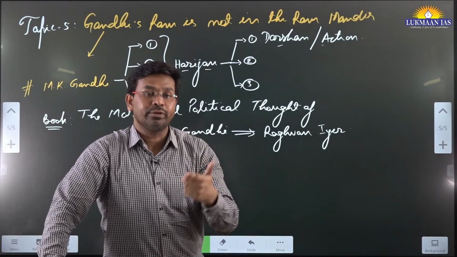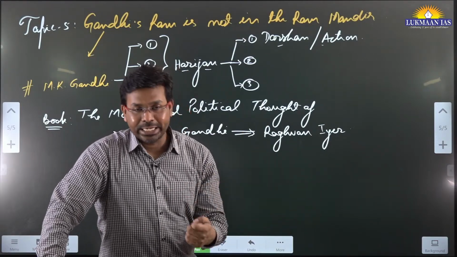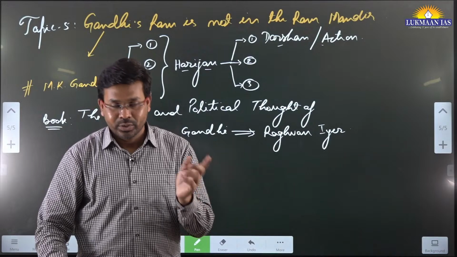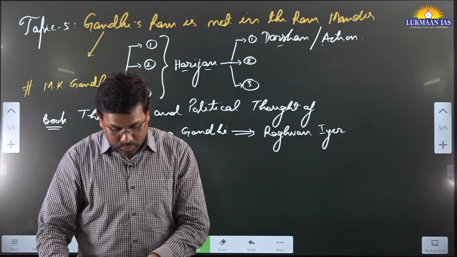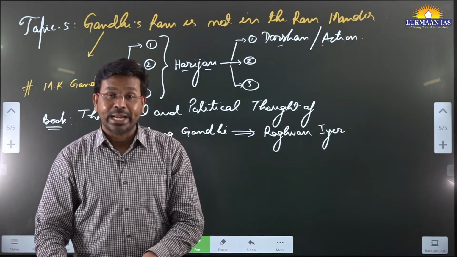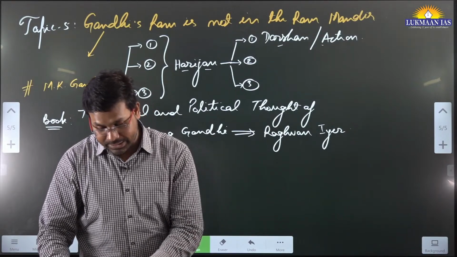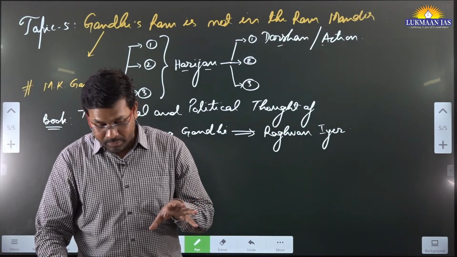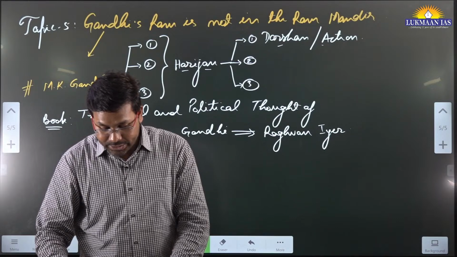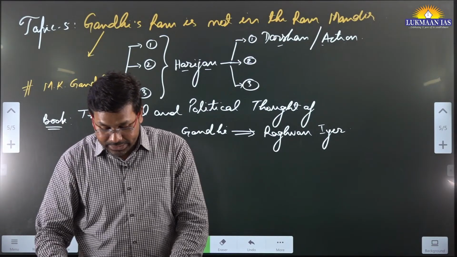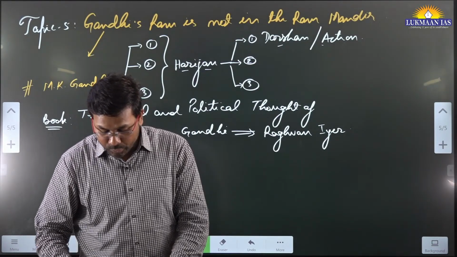But if we do it in front of an image, that image does not reply. So the author says, what is the use of writing letters to someone who never replies?